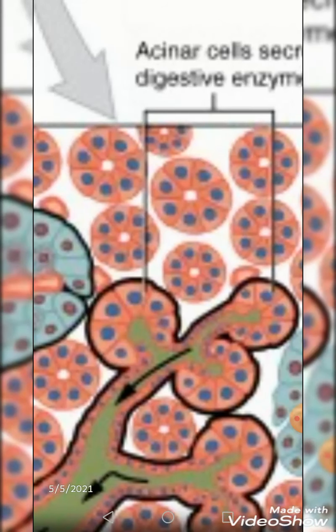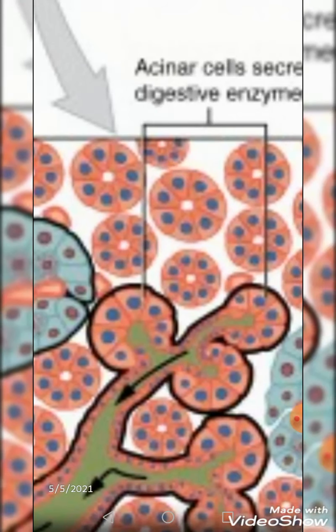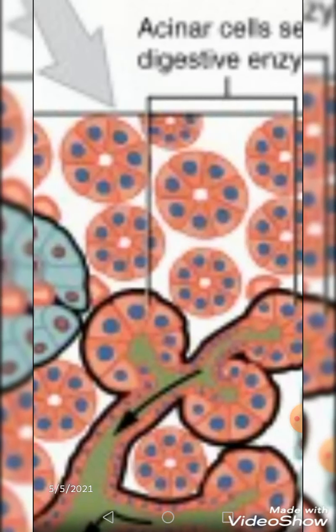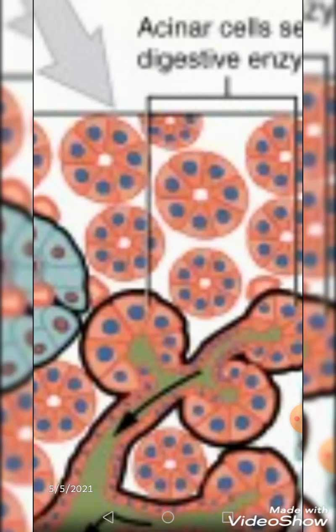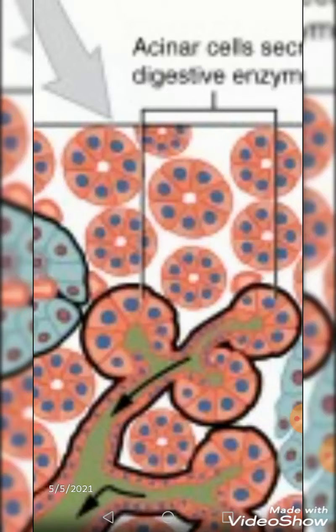That imparts a basophilic stain to the basal area of your cell, and the apical region of these cells has the zymogen granules, and they impart the acidophilic stain to the apical region of these cells, right?